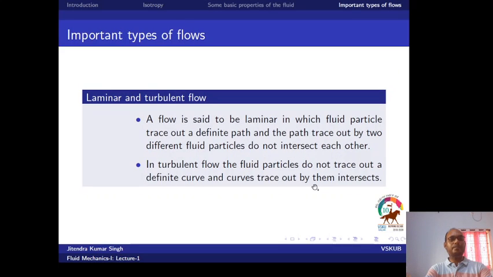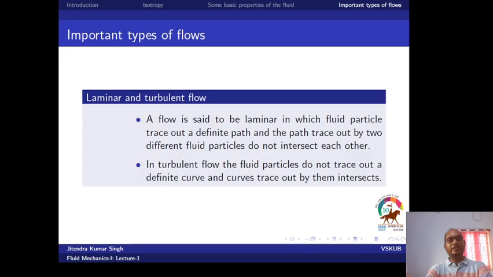Now some important types of flows: laminar flow and turbulent flow. A flow is said to be laminar in which fluid particles trace out a definite path, and the paths traced out by two fluid particles do not intersect each other. Such a situation arises in laboratory conditions.